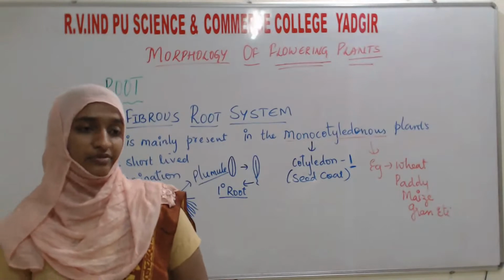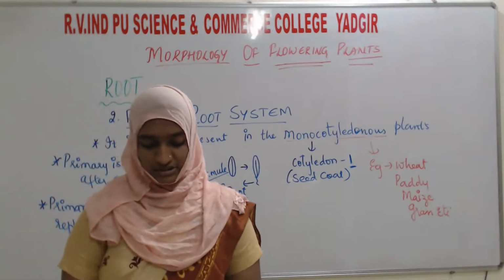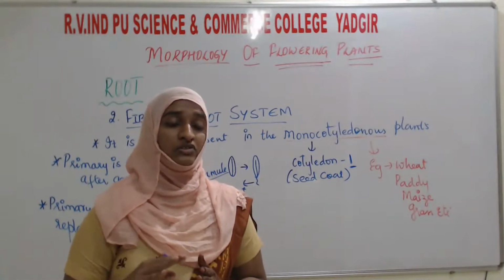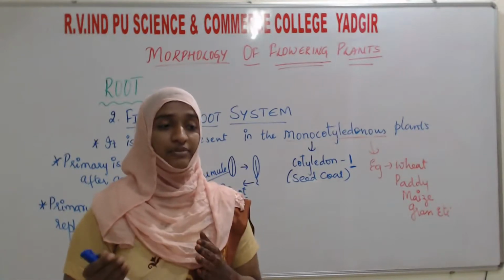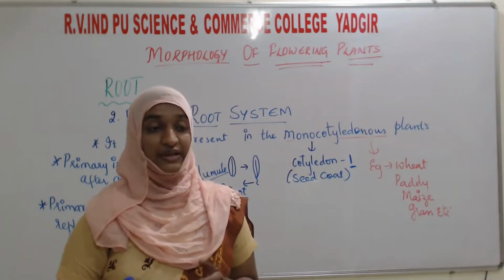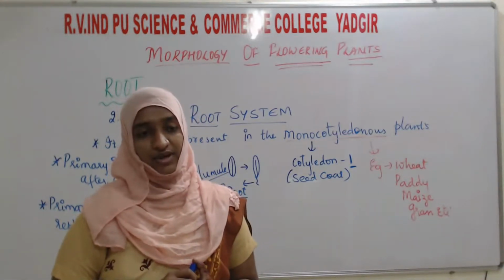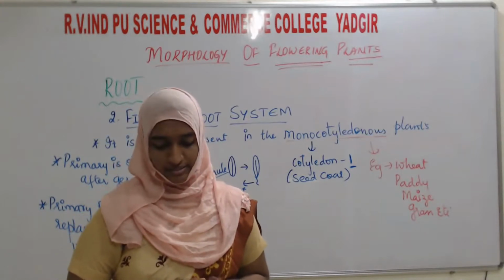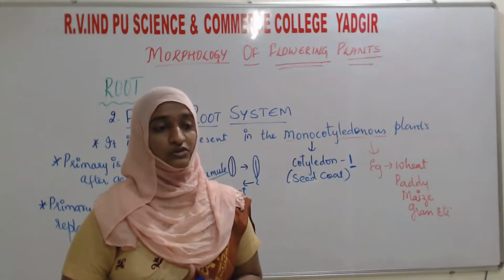And the third type is the adventitious roots. Adventitious roots means the roots are arising not from the radicle, not from the plumule. They are arising from some other parts of the plant. They are called adventitious roots.